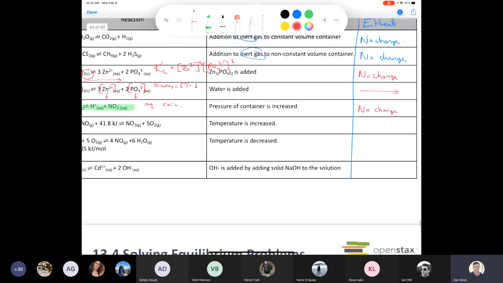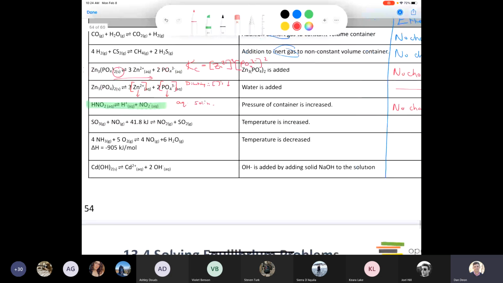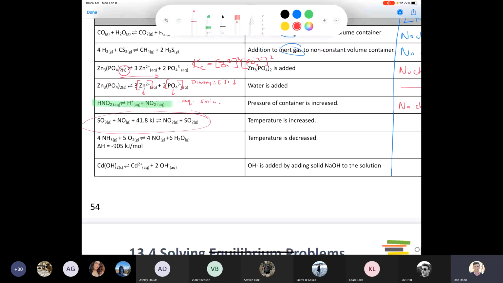All right, let's try one that deals with temperature. This reaction here, could anybody tell me, is that endothermic or exothermic? It's an endothermic reaction because you're putting in heat like this.